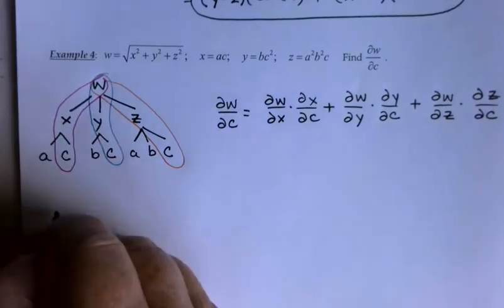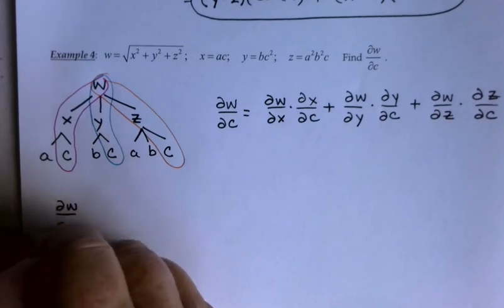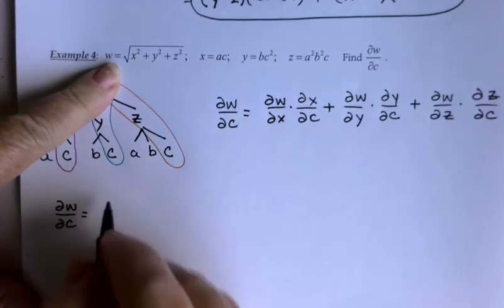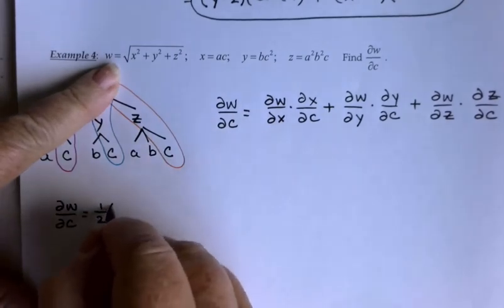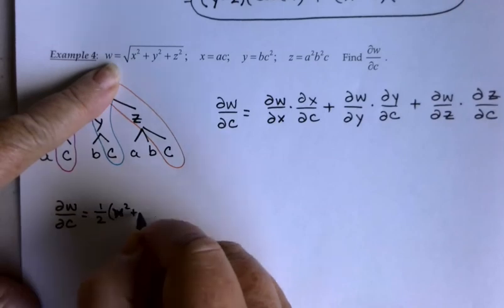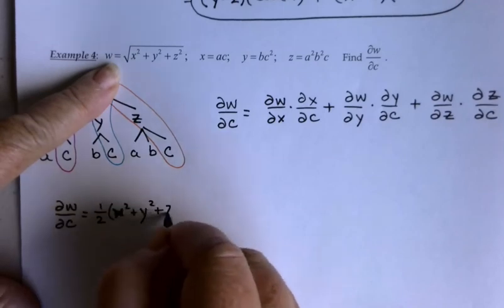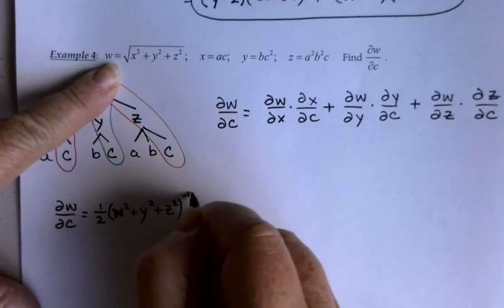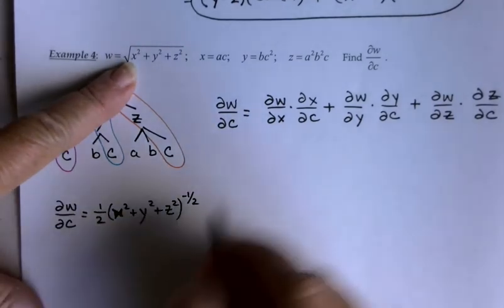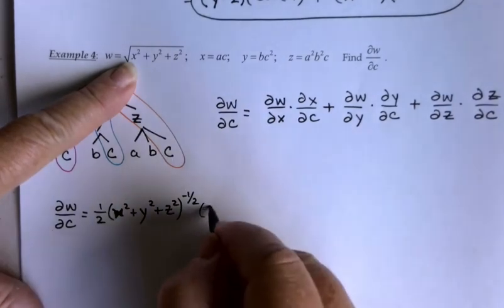Let's see here. Come down here, we have a little space. W with respect to x, I'd have 1/2 times all of this to the negative 1/2. And then my chain rule here with respect to x would give me a 2x.